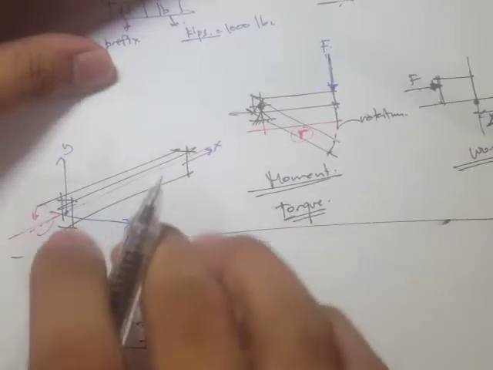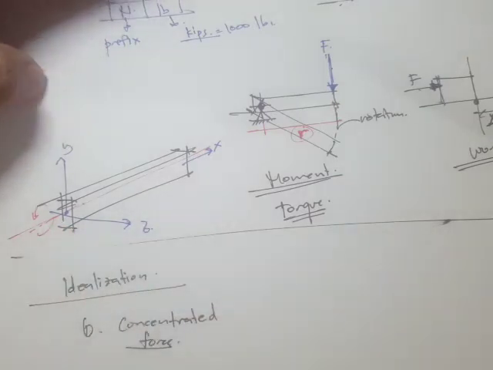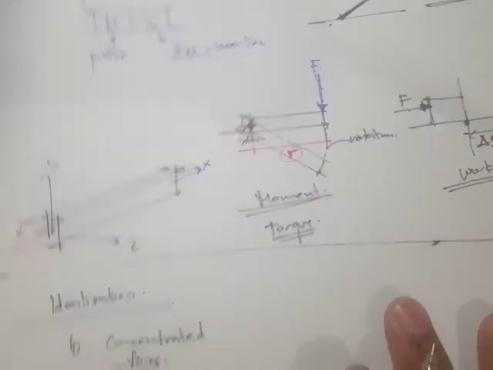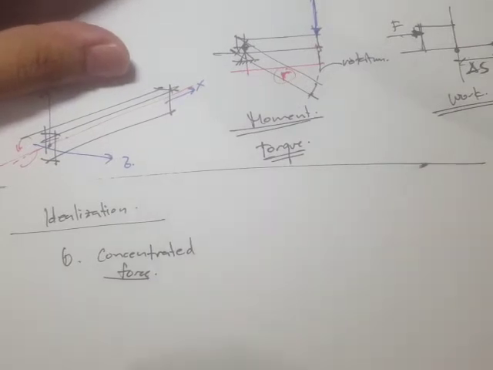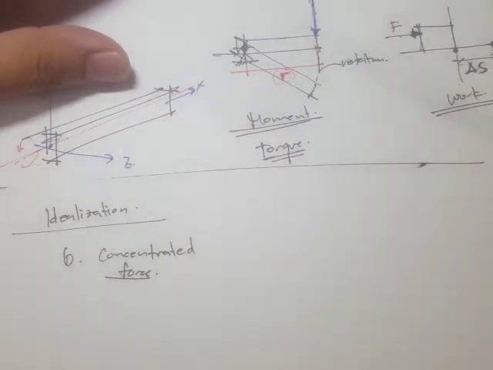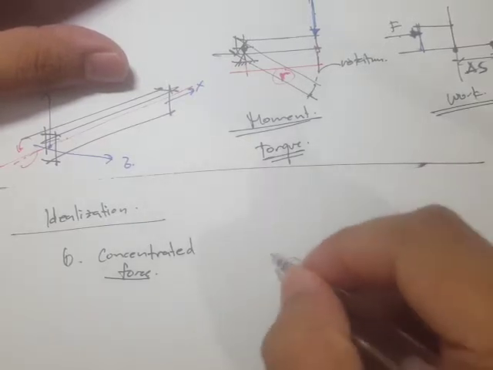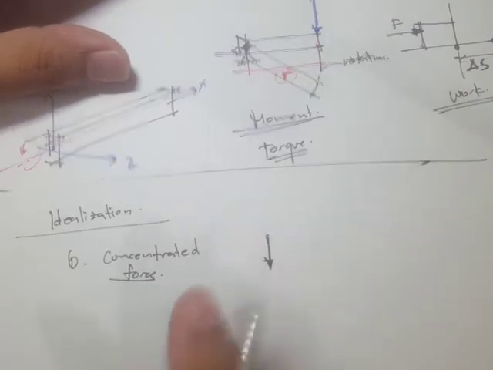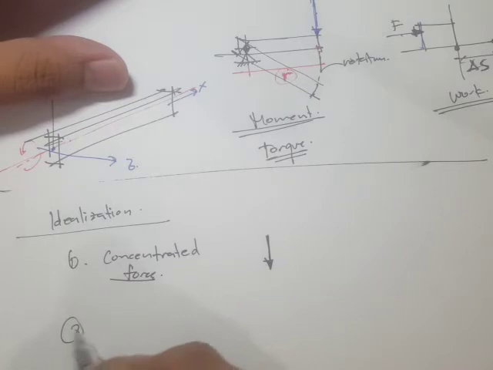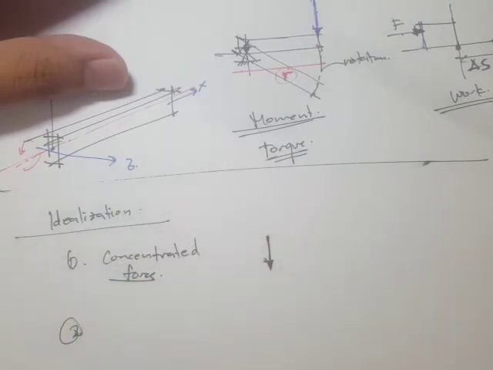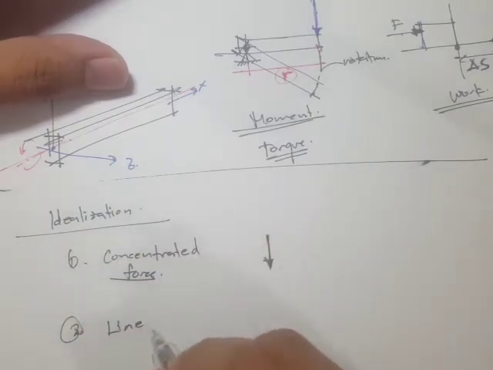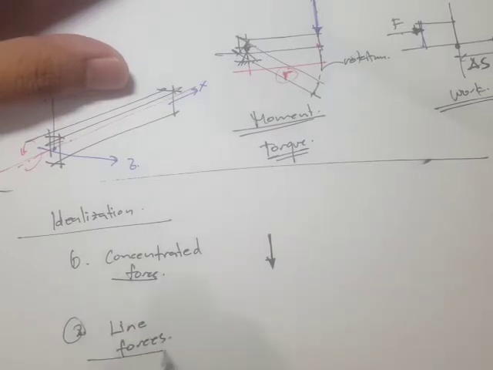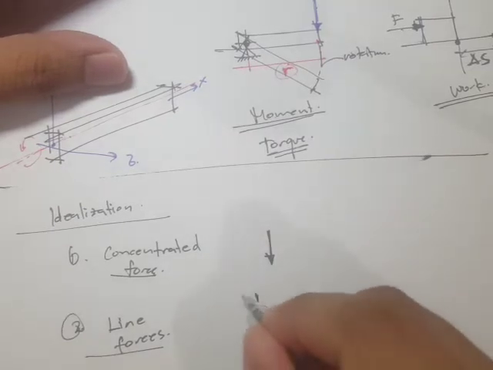So for our first idealization, we said that we can idealize force as a concentrated force if that force is acting at a point. In figure, it's just something like this. Another one is we can idealize force as line forces or line loads, which means that a force is acting along a line.